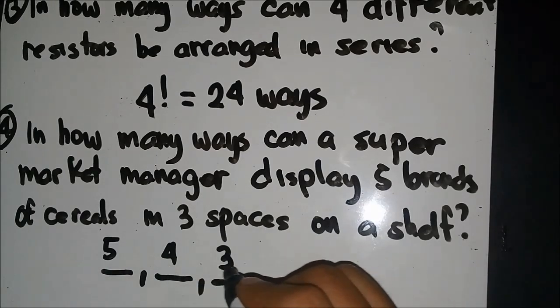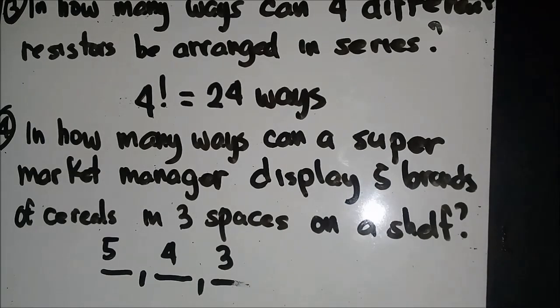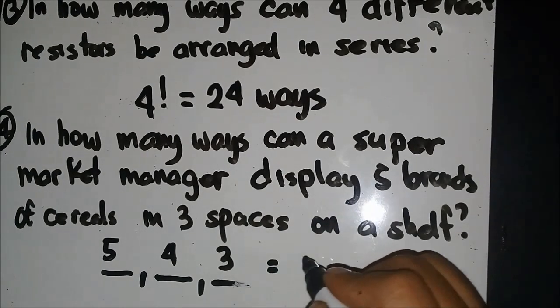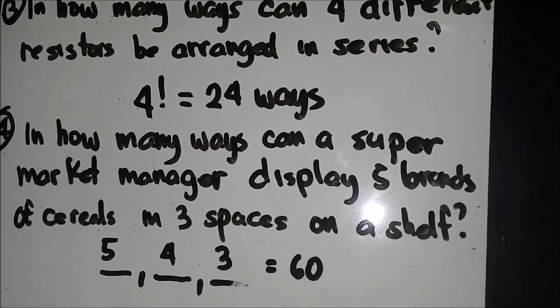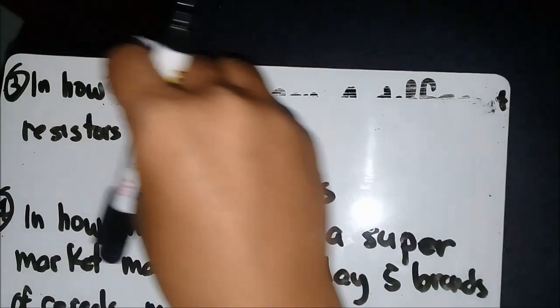Therefore, this is 20 times 3, this is 60, right? 5 times 4 is 20, times 3, that's 60. Now, let's try to solve this another way.